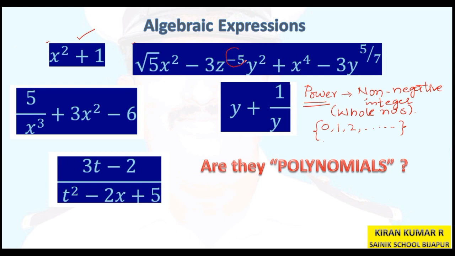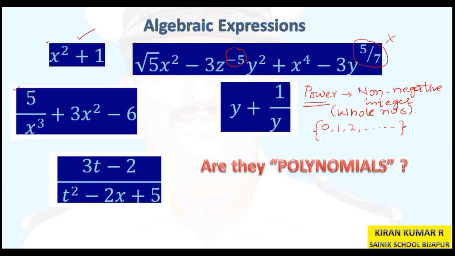Power of the variable z is minus 5. And also look at the fourth term, power of the variable is 5 by 7. This minus 5 and 5 by 7, they are not whole numbers. It's a negative number and a fraction. So whenever in an algebraic expression, if the power of the variable is not a whole number, we say that it is not a polynomial.